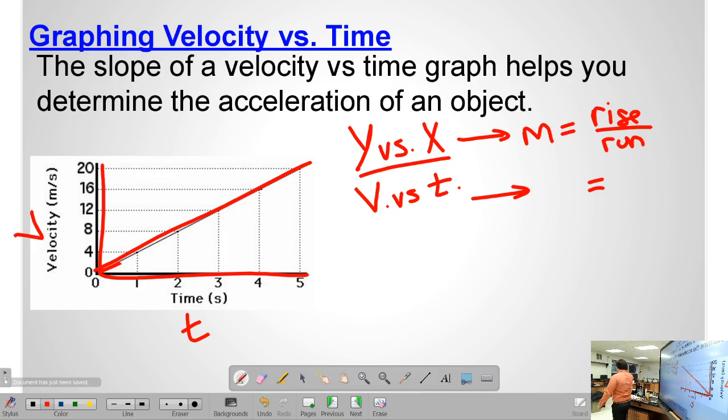So now let's unlock the next piece. I'll give you a second to think about what the slope here could represent. It's on the slide.